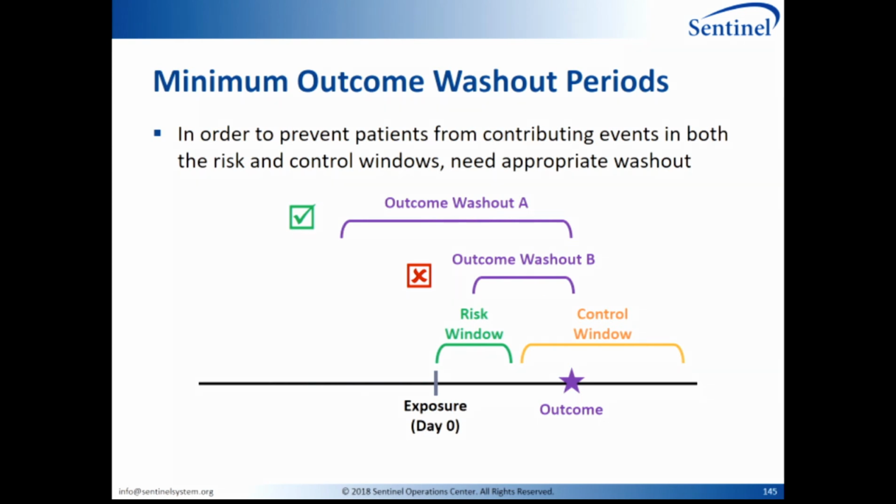So essentially, we need to define a washout period that's large enough so that people can only contribute an event to one window. In this case, the top washout window, window A, is satisfactory, whereas the washout window below, washout B, is not, because as you can see, it's technically possible for somebody to contribute an outcome early on in the risk window and later in the control window.